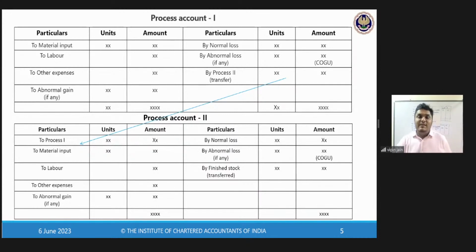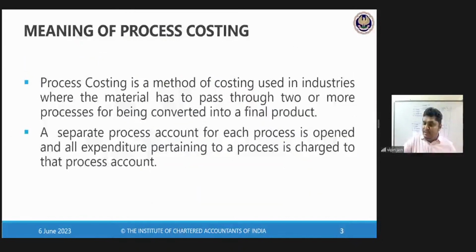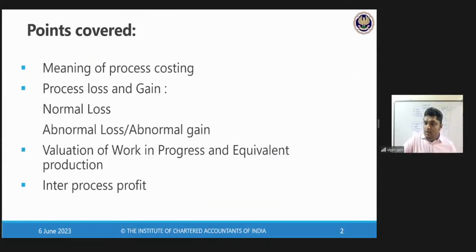Now, before starting with the remaining part, let me give you a brief about what we'll be covering in this chapter. The points we'll be discussing are the meaning of process costing, which is already covered. Thereafter, we'll be discussing normal loss, abnormal gain.